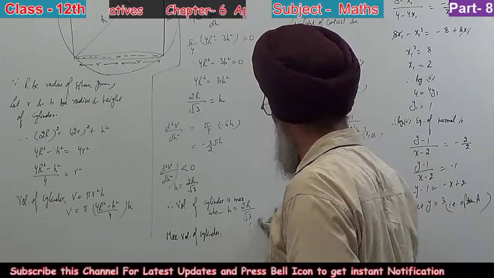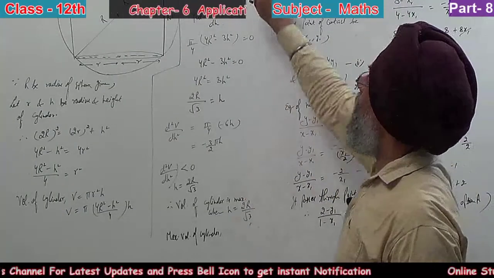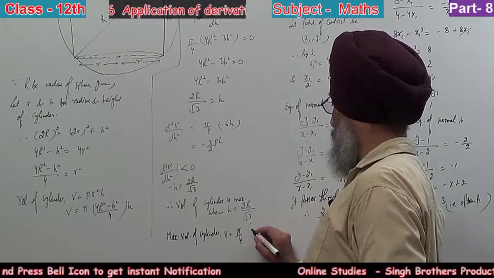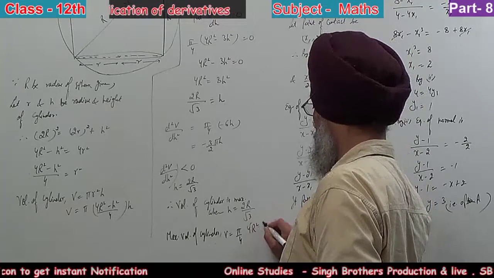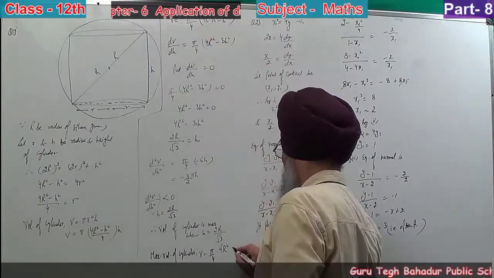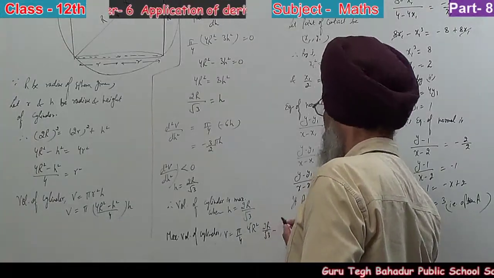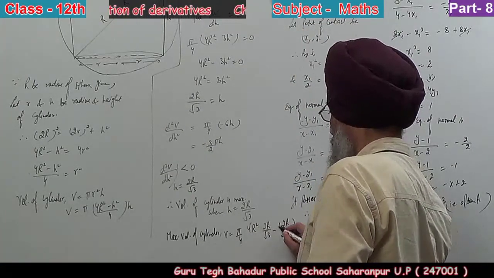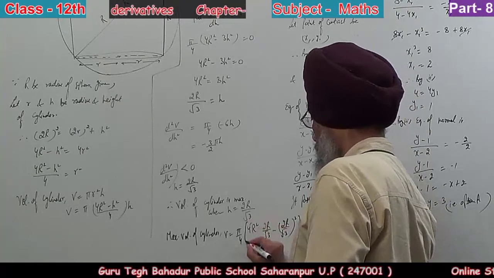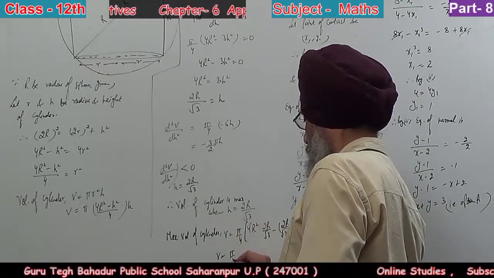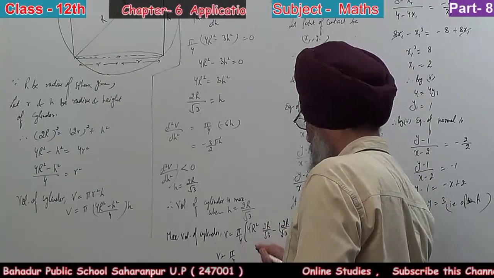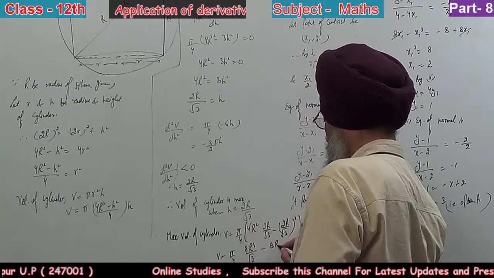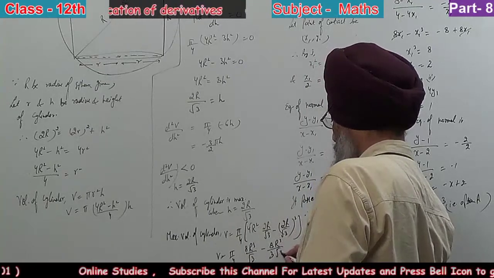You have to place the value here, that is pi upon 4, 4R square, h is 2R upon square root of 3, minus h cube, 2R upon square root of 3 whole cube. It becomes V, pi upon 4, it is 8R cube upon root 3 minus 8R cube upon 3 root 3.